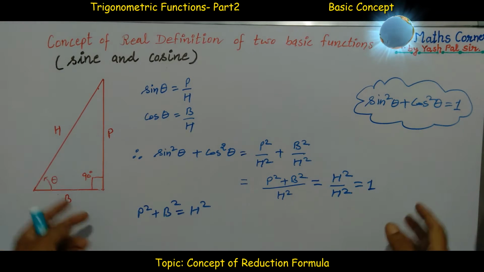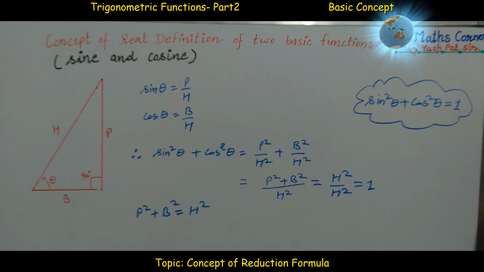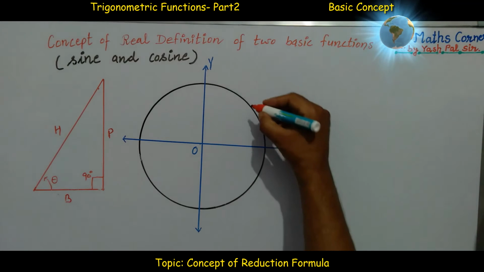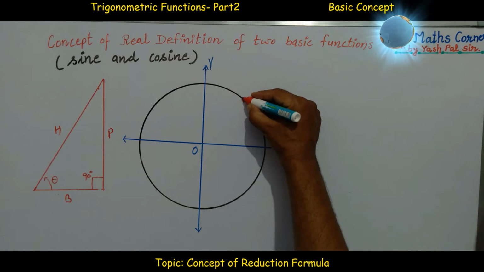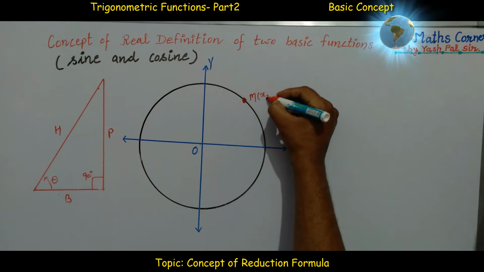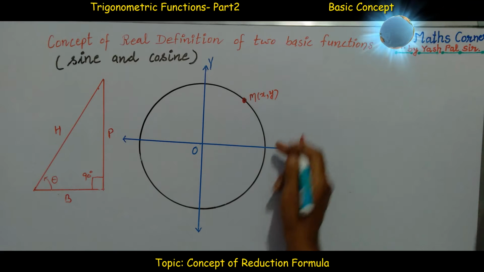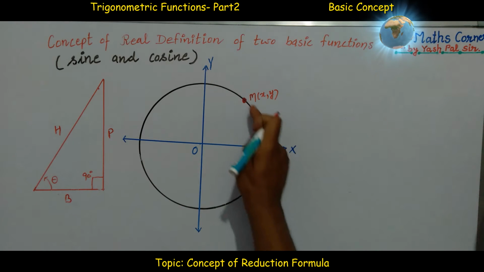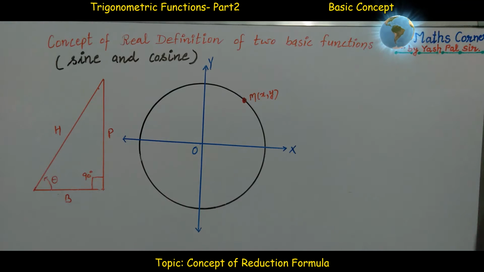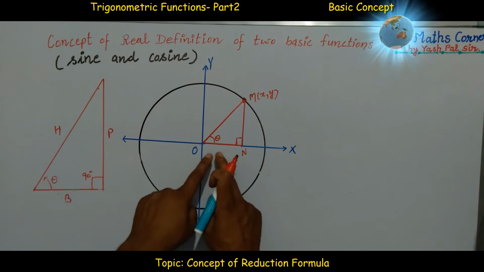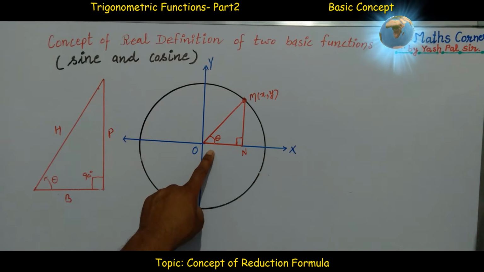Now let us consider one circular path. Suppose M is any point on this path having the coordinates x and y, as this is a moving point. So this is moving in a circular way. Just like this right angled triangle, we construct here the right angled triangle.